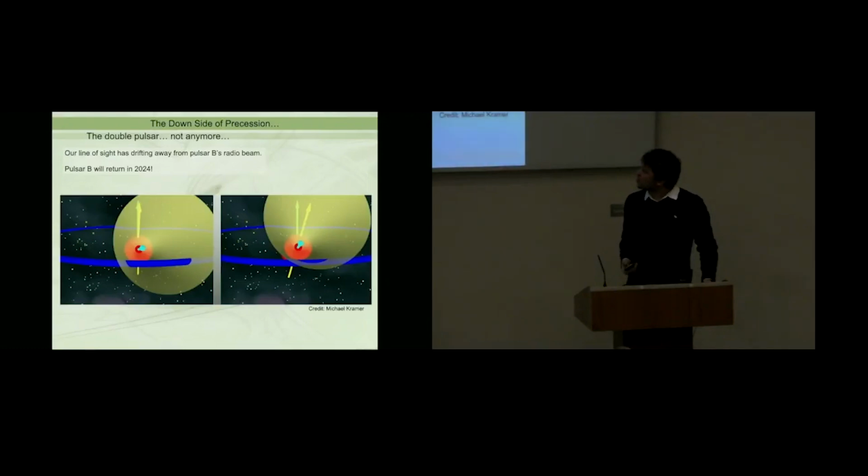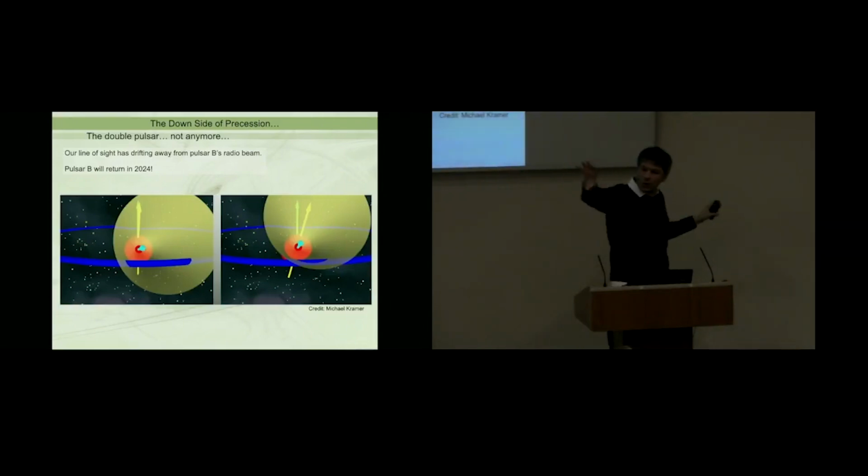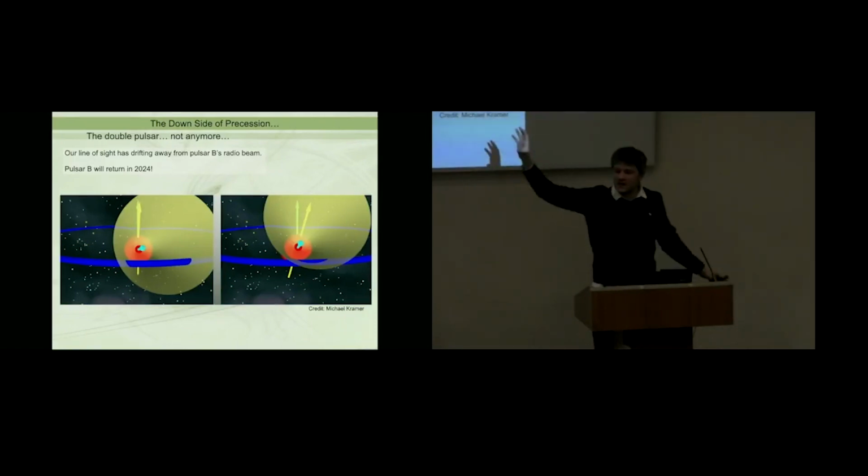So on a sad note, maybe, to finish, but actually it's kind of cool, even though it's a bit sad. The pulsar spin axis is drifting over time. So this cone of light that's been emitted has now moved up and is now missing our line of sight. So we don't see the pulsar blinking anymore because we miss the light beam.